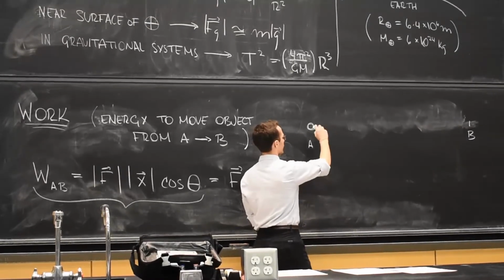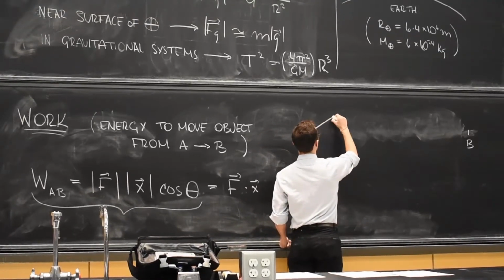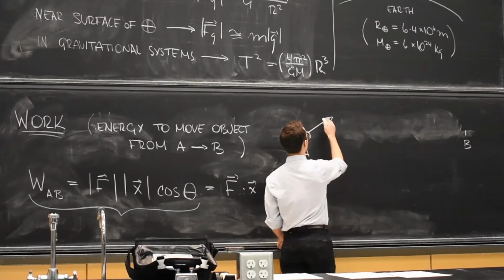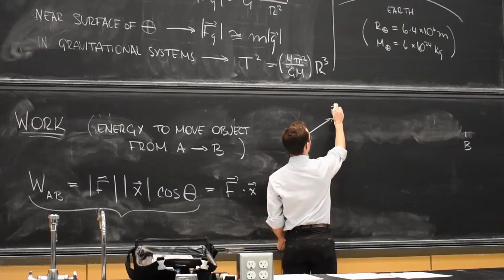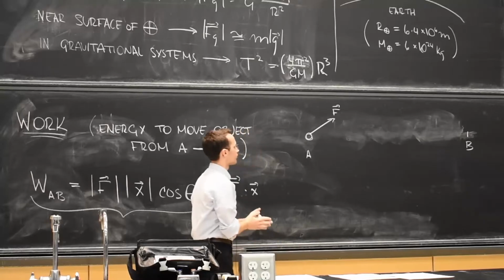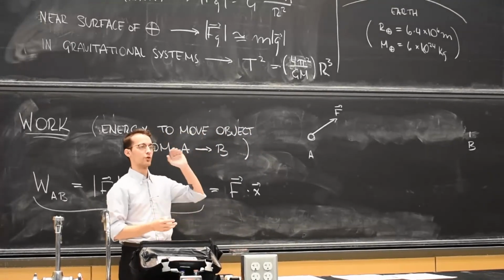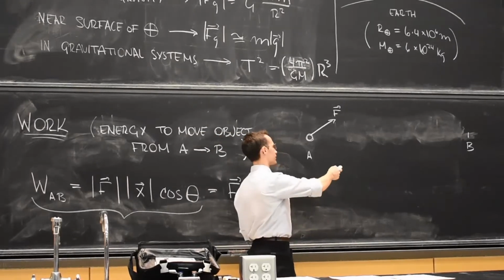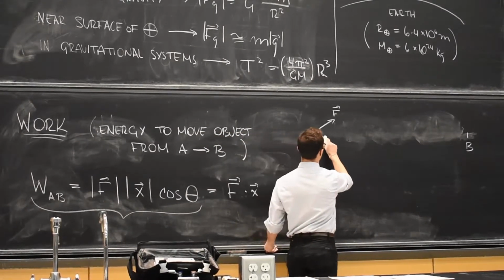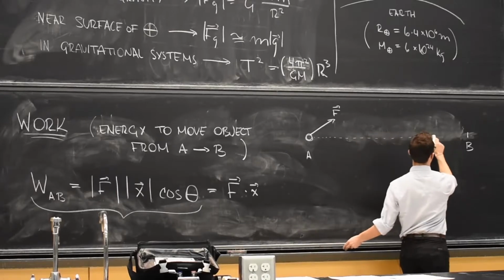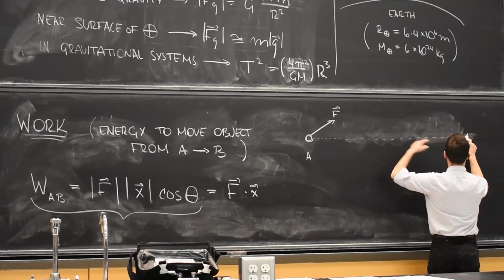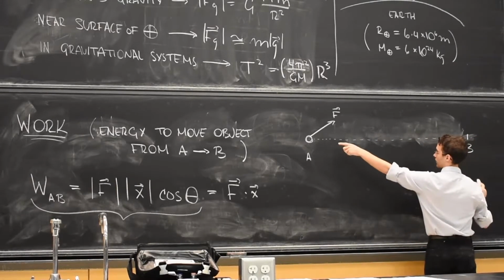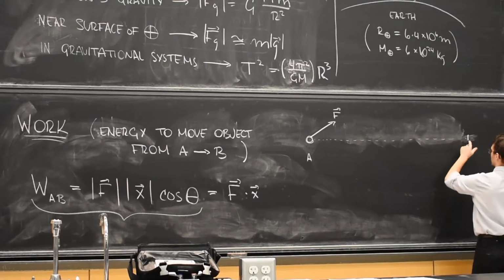And let's say for arbitrariness, or for generality, you apply the force in this direction. All right? So that's the force you apply. For some reason, maybe you're not that smart. But the distance you're actually going to go, the distance the object is going, is from here along this path to here.